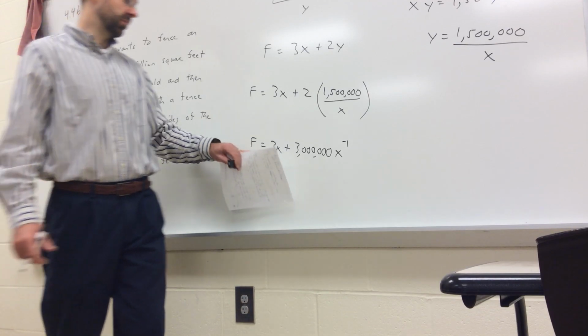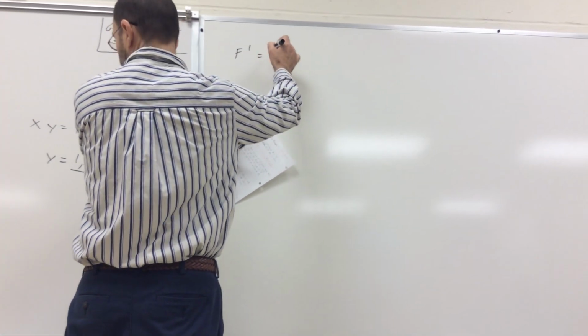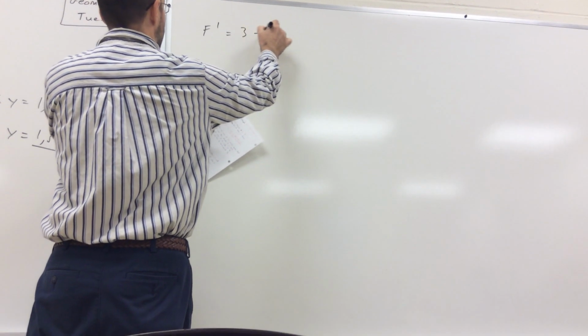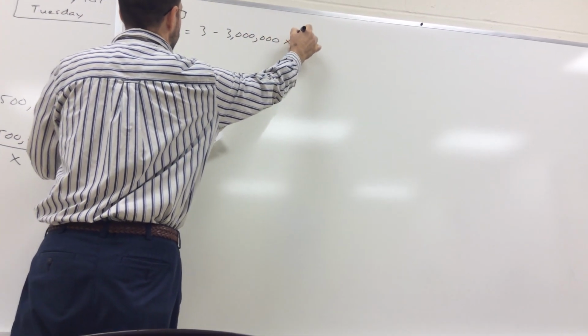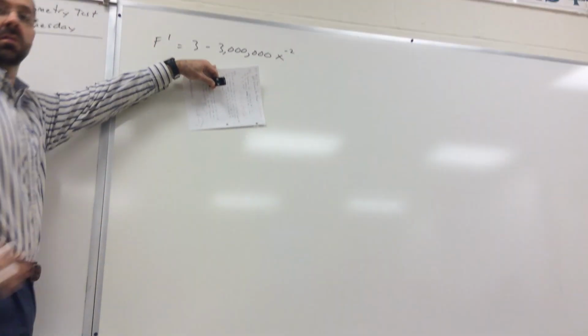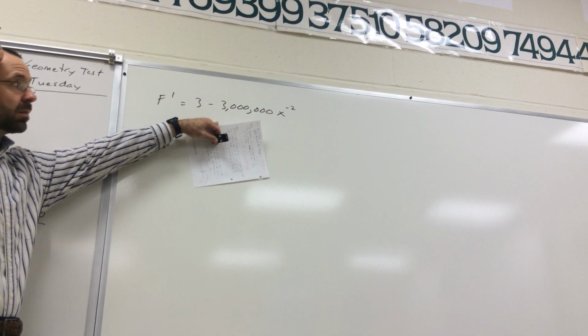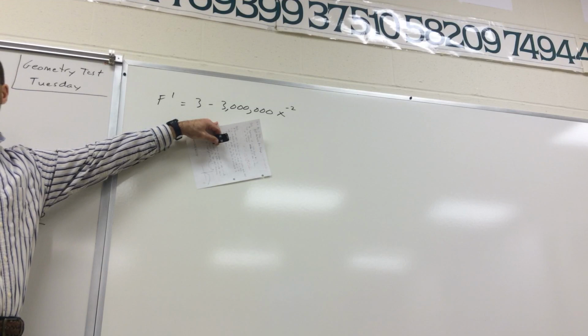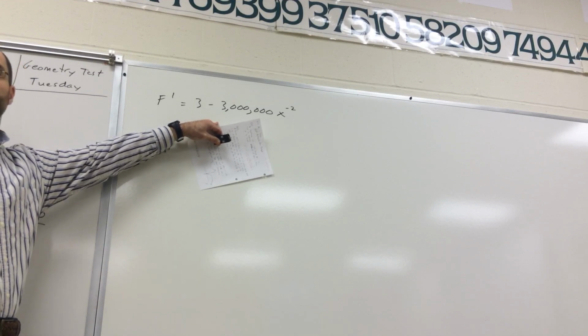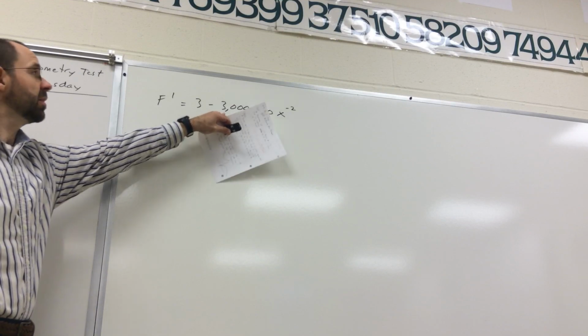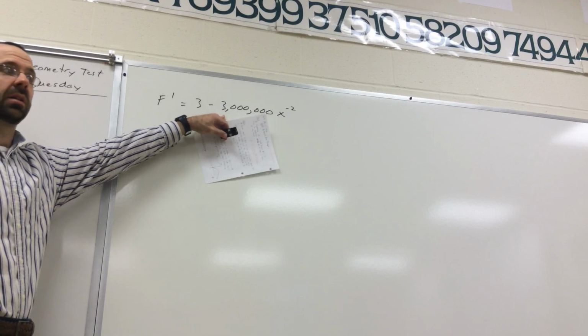Okay, so you've got to take the derivative of this. So amount of fence prime is 3 minus 3 million x to the negative 2. Derivative of 3x is 3, of course. Then I brought the negative 1 out front, multiplied by the 3 million. So that's why it's negative 3 million.